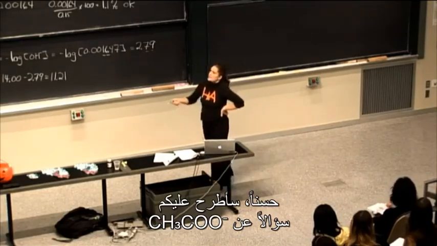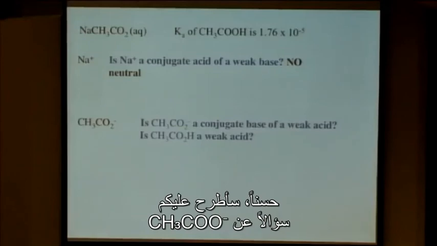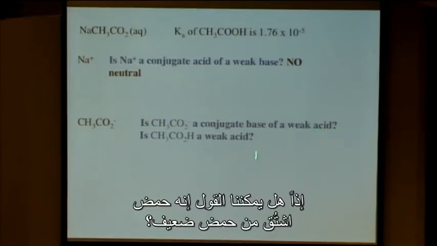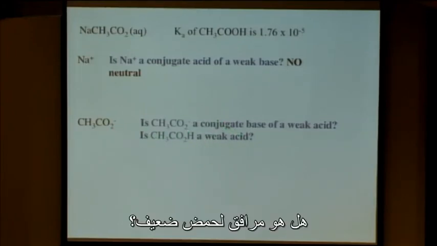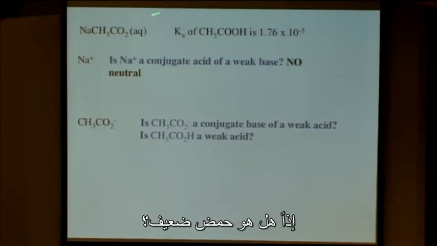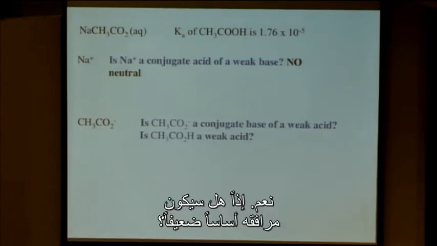All right, so we can ask the same question about CH3COO minus. Is it a conjugate base of a weak acid? So then we can say, is the acid that it came from a weak acid? Is its conjugate a weak acid? Well, how do we know about that? Well, we know about that from the Ka value that I gave you. So is this a weak acid? Yes.